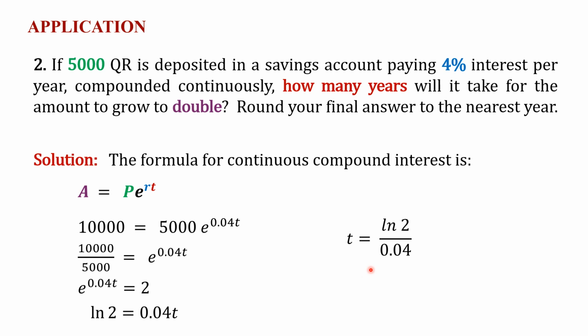So you will get ln of 2 divided by 0.04, which is approximately 17 years. As you can see here, the required final answer must be rounded off to the nearest year. So you can try this in the calculator and you will round off to 17. So t is approximately 17 years.